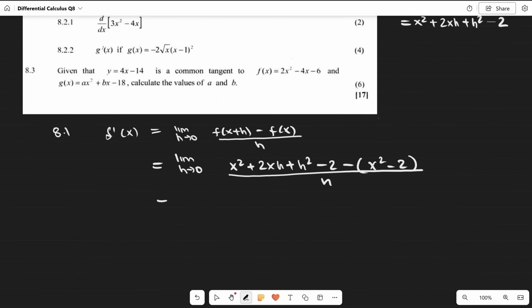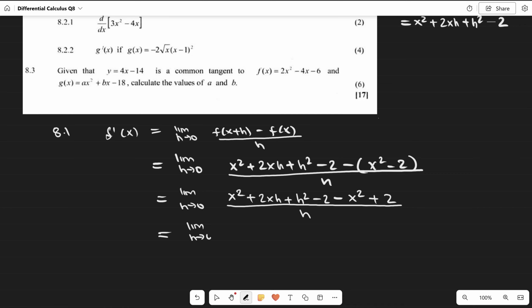From here, we try to simplify. This is x squared plus 2xh plus h squared minus 2. The negative of x squared minus 2 gives negative x squared, and negative, negative, so now it's a positive 2, all of this over h, as h approaches 0.